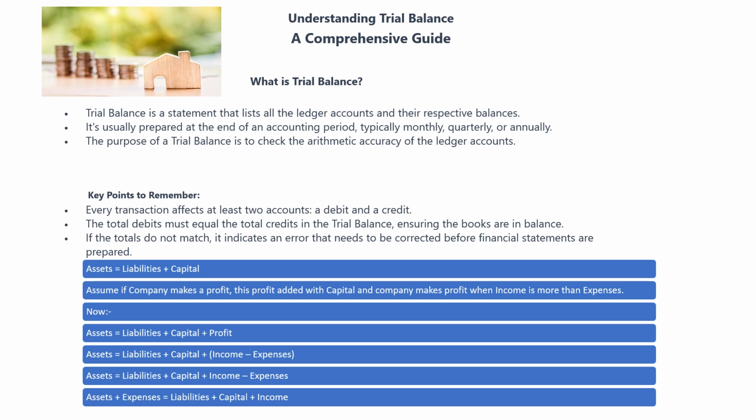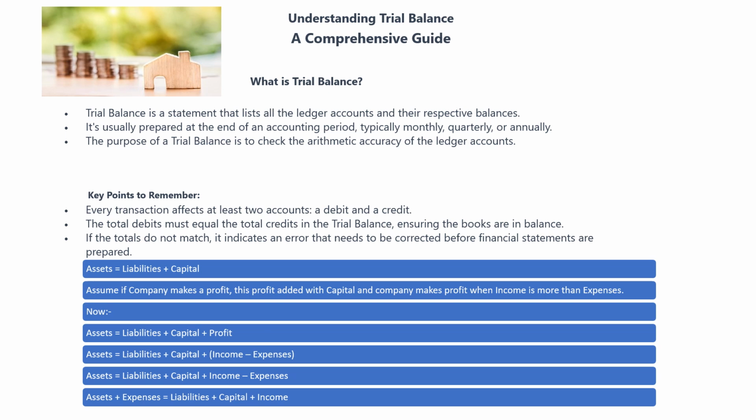If you remember correctly, in my previous video, I explained one accounting equation, which is assets equals liabilities plus capital, right? I have already explained 5 key terms: assets, liabilities, capital, income, and expenses, and I also discussed their definitions. So now, suppose a company is making a profit.